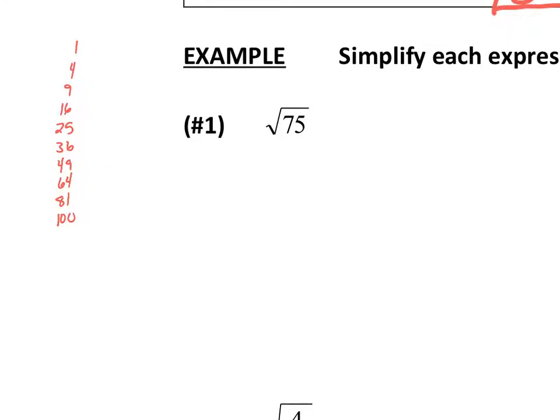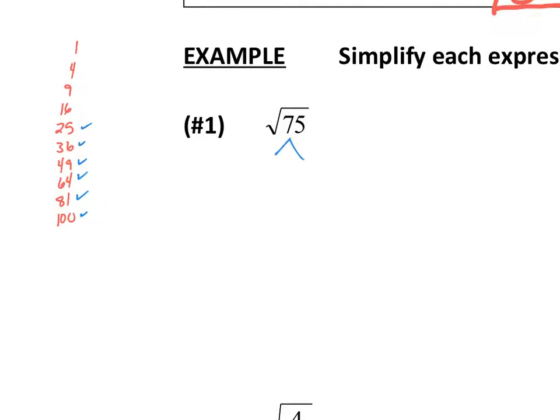Can 75 be divided by any of these numbers? This is what I would think in my head. Can we divide 75 by 100? The answer is no. Can you divide it by 81? Take a calculator, 75 divided by 81 does not work. Then do 75 divided by 64. That also doesn't work. And you'll keep trying.